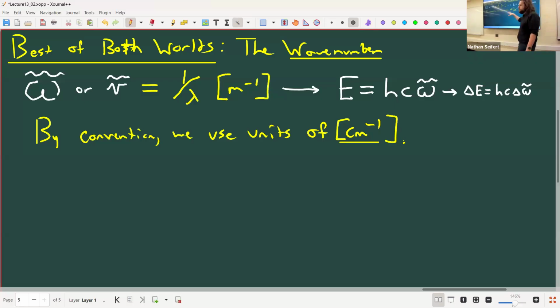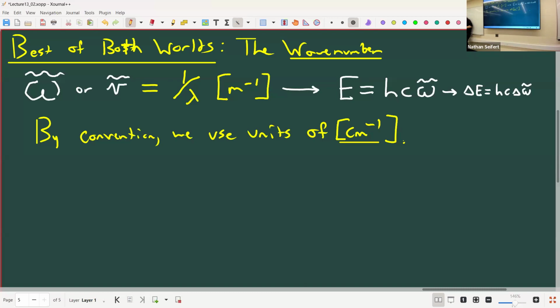But typically things are reported in wave numbers, which are inverse centimeters, and that's an experimental convenience. That's the experimentalist talking. If it were up to the theorists, we would never use wave numbers because they seem really stupid. We're literally introducing a complication into our units by having two numbers that are typically represented in meters and replacing our energy with something in inverse centimeters. You're just asking for someone to make a mistake.